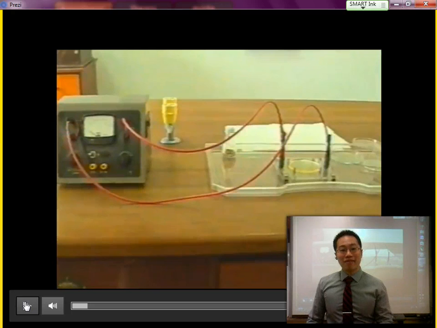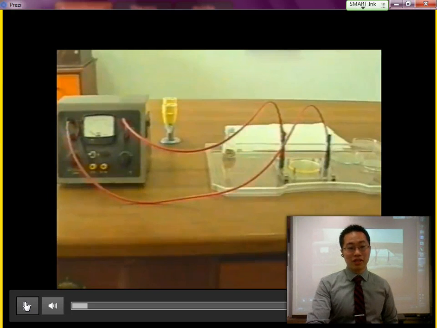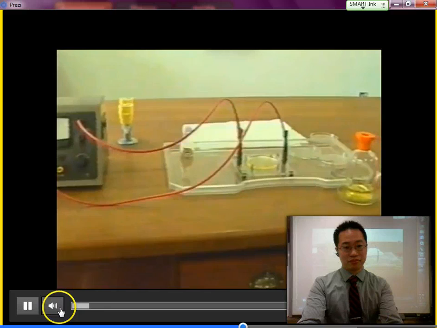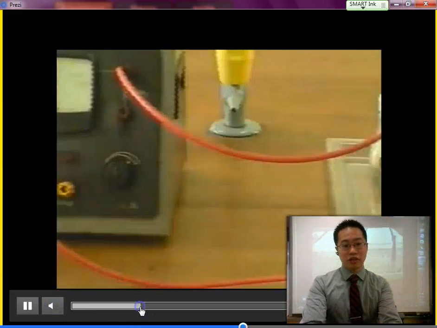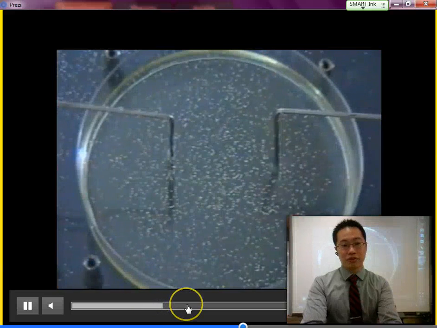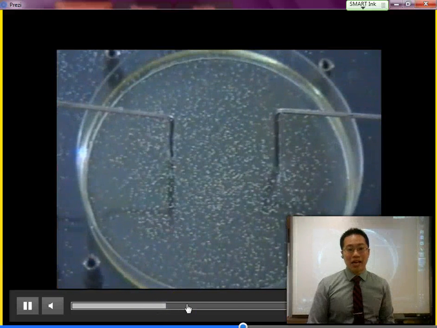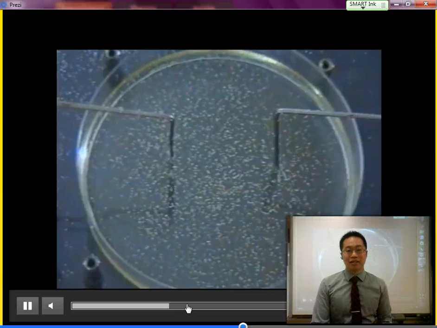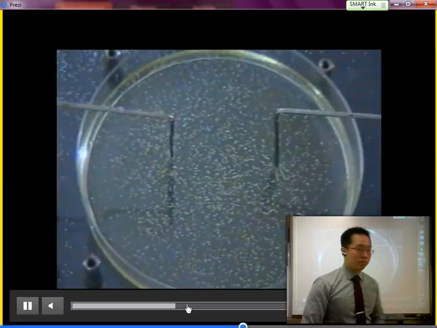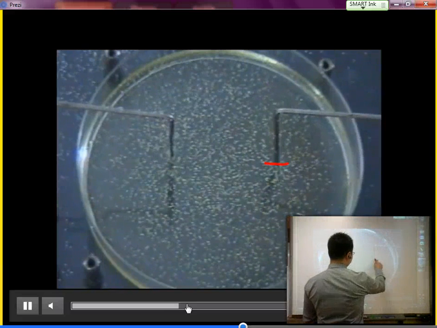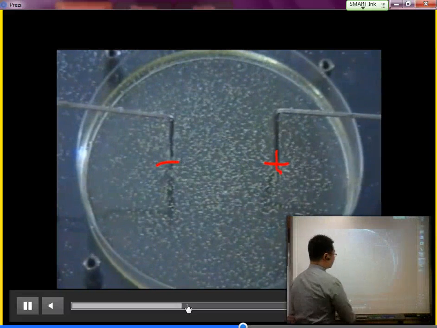Now, of course, normally we can't see electric field lines, nor can we see gravitational field lines, but we can visualize them using certain methods. In this case, they used a petri dish with castor oil, a high voltage source, and semolina seeds. They basically have a large positive charge on one side and a negative charge on the other side.